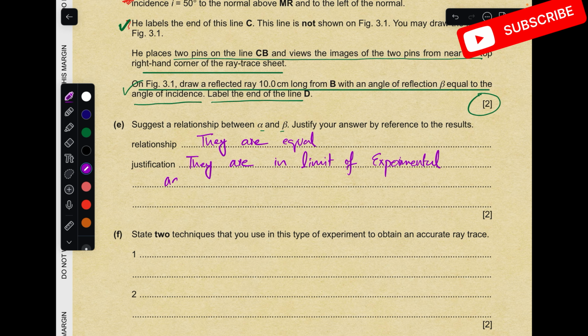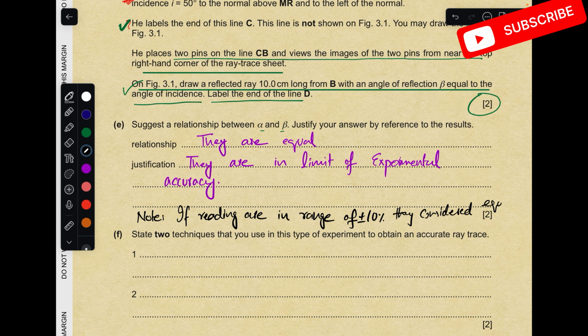How do you know what the limit of experimental accuracy is? This is just for your knowledge: if readings are in the range of plus or minus 10%, they are considered equal.